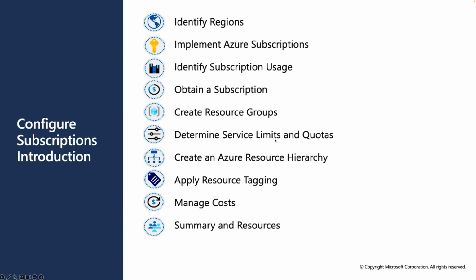For example, if you want to spin up more than 200 or 300 virtual machines, you would probably like to request that limit to be lifted so that you can spin up all your required resources. You can create an Azure resource hierarchy, so you can actually see how that looks in a graphical manner.